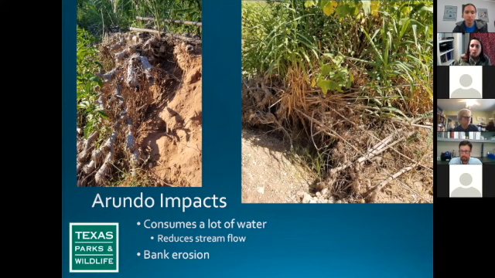And when it's pulled up out of the water table and out of the creek, it's lost to the atmosphere and no longer is available for the creek. Large infestations use so much water that it reduces the amount of water flowing downstream. And the roots will do very little to hold water in place, resulting in erosion, and even small amounts of flood water can scour away beneath the soil.